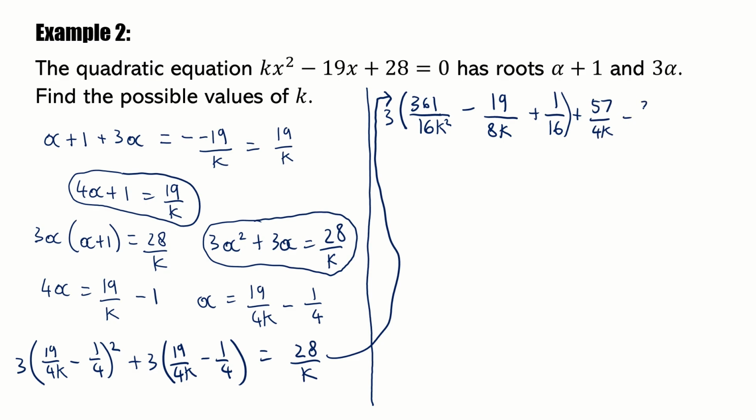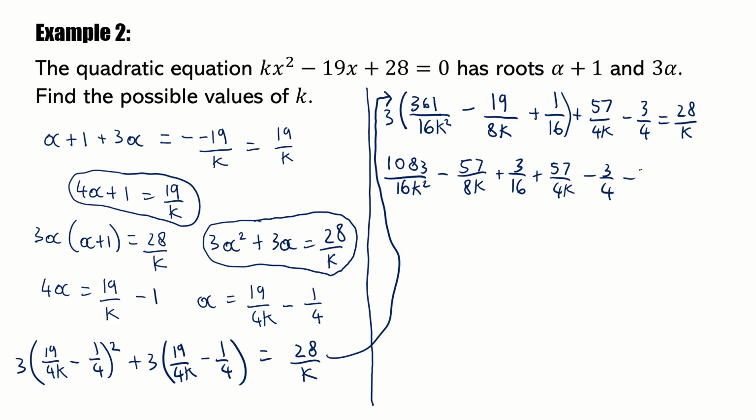We're going to end up with minus 3/4, and then that's still equal to 28 over k. Multiplying out more of the brackets will get us 1083 over 16k squared minus 57 over 8k plus 3/16 plus 57 over 4k minus 3/4, and let's move that 28 over k onto the other side. So it's now equal to 0.